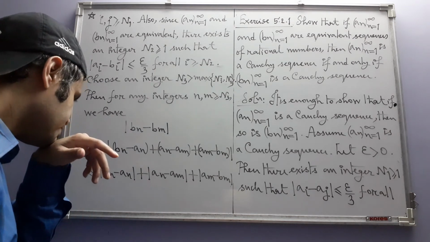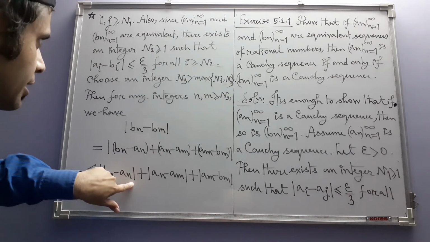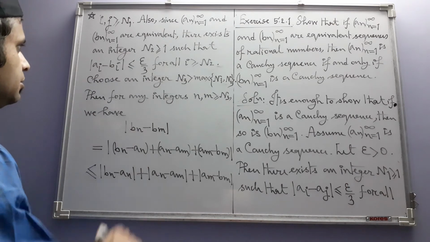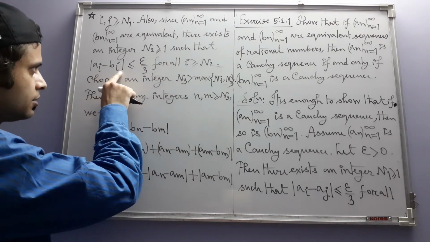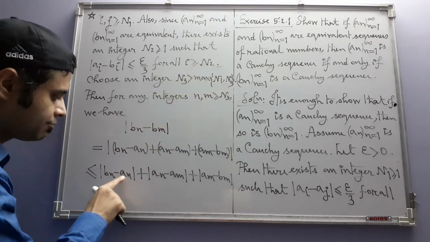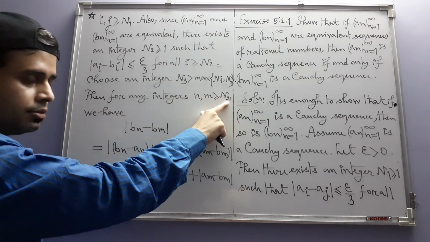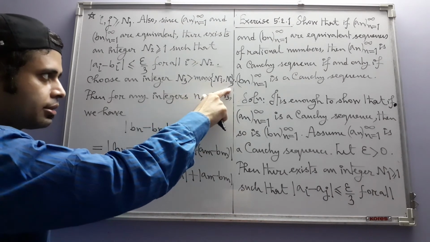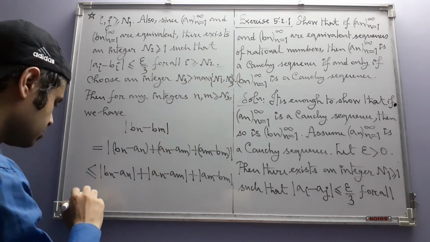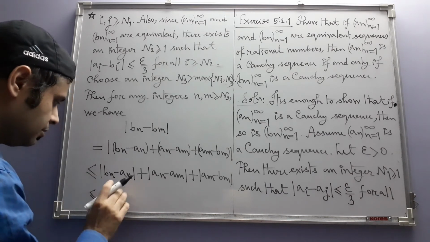Now this absolute value is less than or equal to epsilon by 3. Why? It happens only when the suffix i is greater than or equal to n2. Here the suffix is n. n is greater than or equal to n3 and n3 is greater than n2, so n is also greater than n2. So that means this is less than or equal to epsilon by 3.